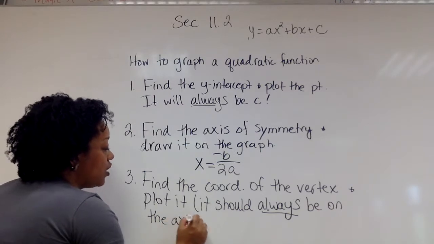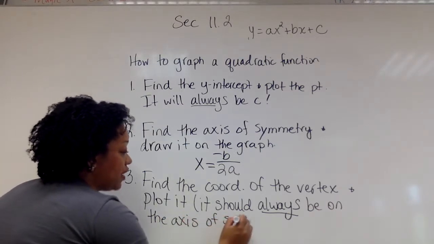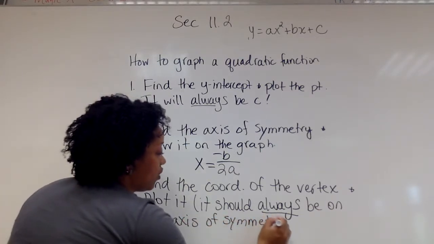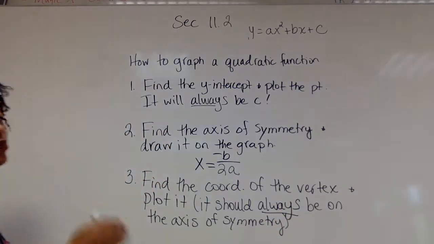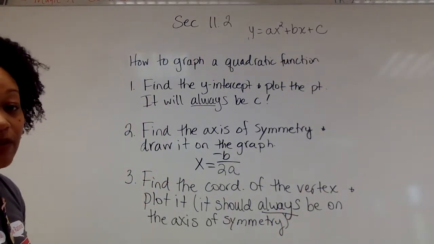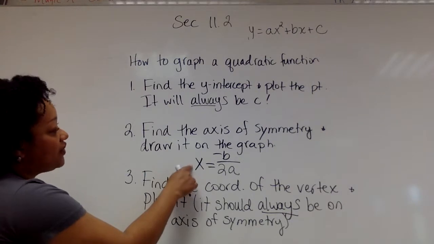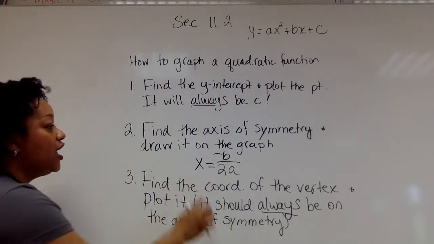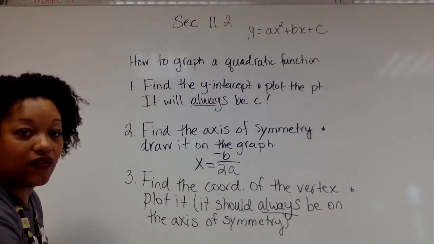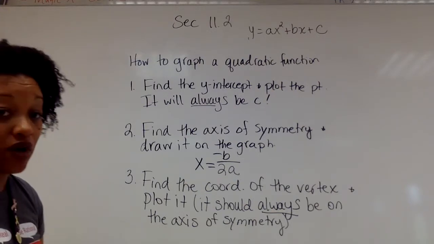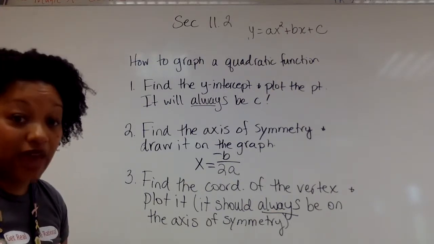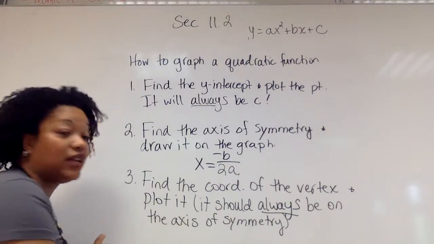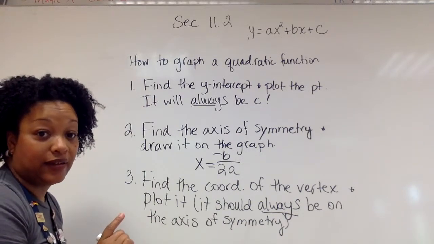So if your vertex is way over somewhere, you did something wrong. Your vertex is the point that lies on the axis of symmetry. So once you graph this line and do that dashed line, your vertex will be a point on that line. If it's not, you did something wrong. It ain't me, it's you. So that's going to be a clue to let you know if you're on the right track.